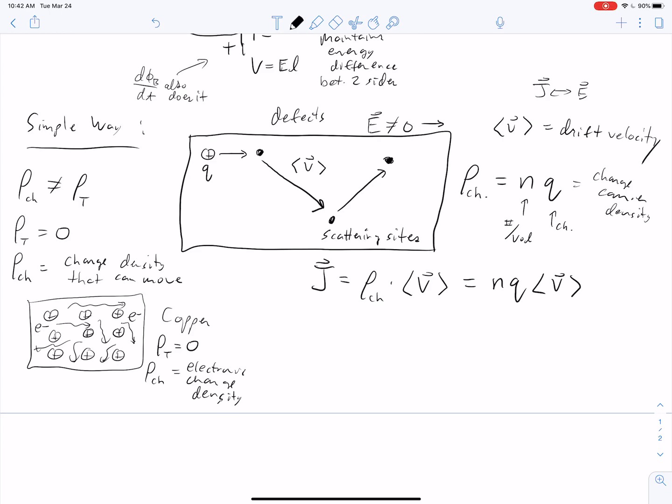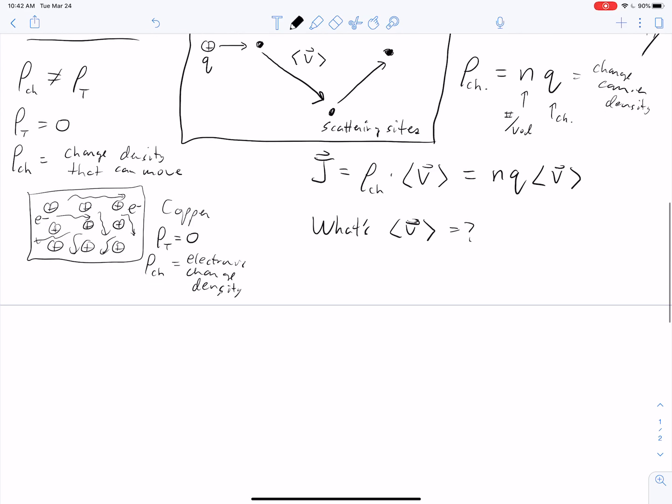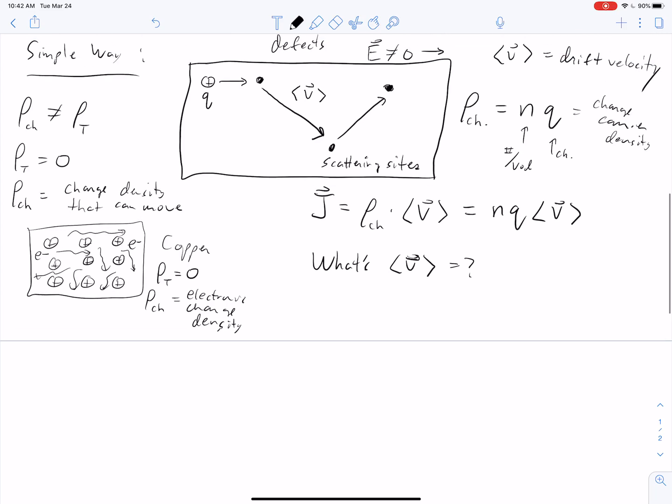Okay, but now we have to ask ourselves, what is the drift velocity? That's not completely obvious. But there's a really simple way to think about it. To understand it, we have to make an assumption. Let's assume that there's an average time equal to tau between scattering events.